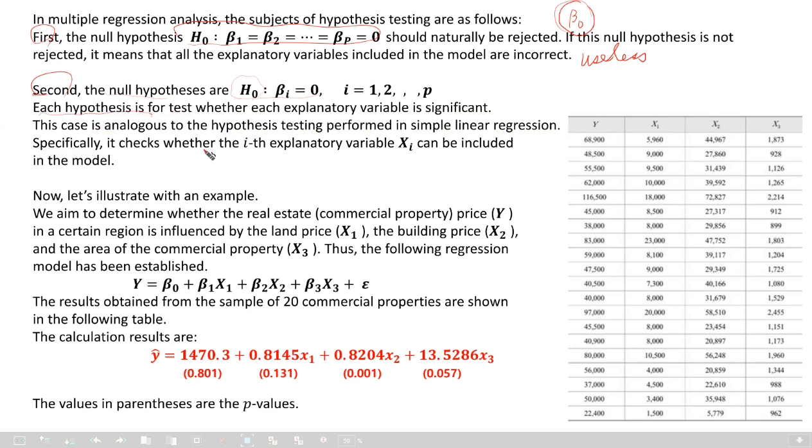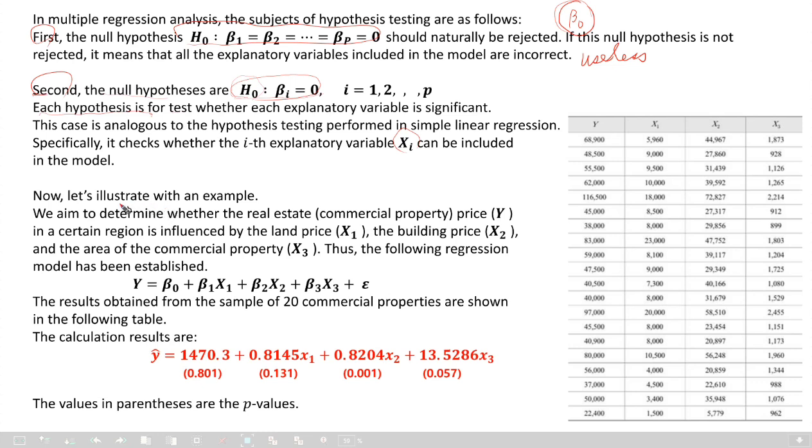Specifically, it checks whether the i-th explanatory variable xi can be included in the model or not, but it is not all of them. For reference, you need to see the result of this kind of hypothesis testing, but we have variable selection methods. So we need to know variable selection methods.